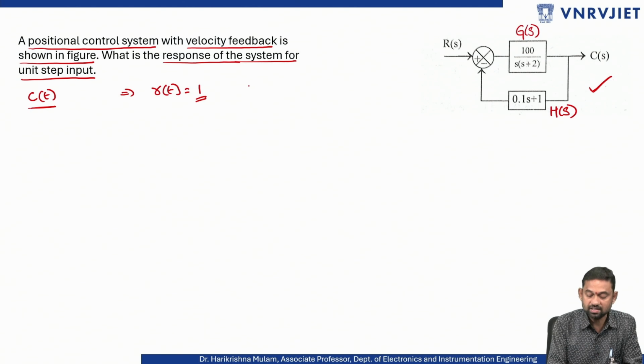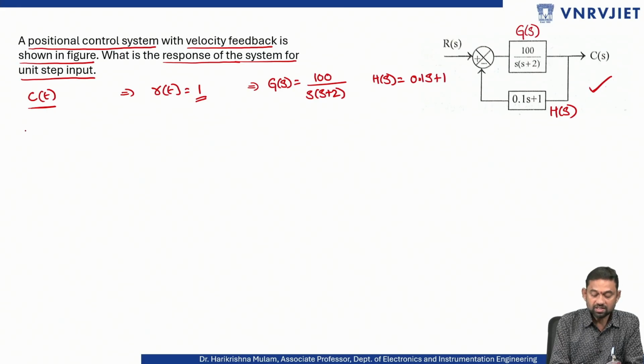As we already said, this system has an open loop transfer function G(s) equal to 100 by s into (s plus 2), whereas the feedback transfer function H(s) is equal to 0.1s plus 1. First of all, let us find the closed loop transfer function of the system.